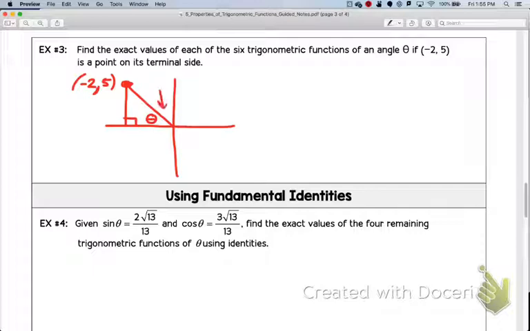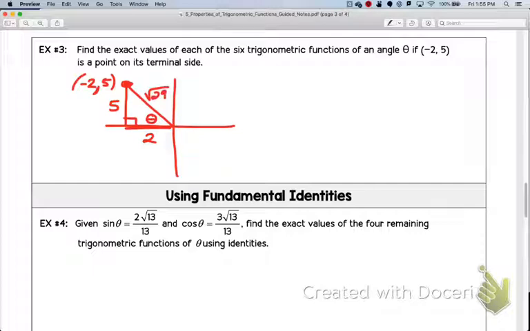Don't ever put it right here. So what would be the lengths of my legs? My x is telling me I'm going to the left 2, so the length would actually be 2. I'm going up 5 on my y-axis, and then using the Pythagorean theorem, 25 plus 4 is 29, so we get root 29 for my radius.